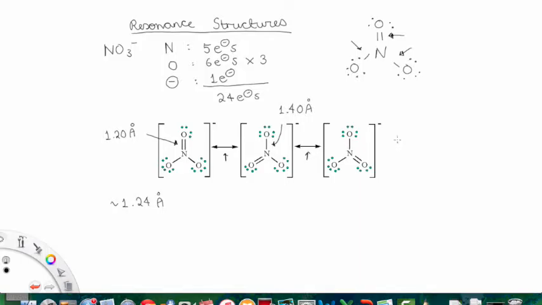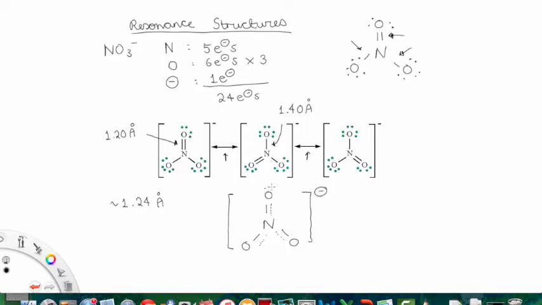This is a typical way in which you draw resonance structures. But another way which I wanted to show you is if you draw out all the single bonds, but then draw a dotted line indicating that for this particular molecule, the double bond could be in either one of these locations.